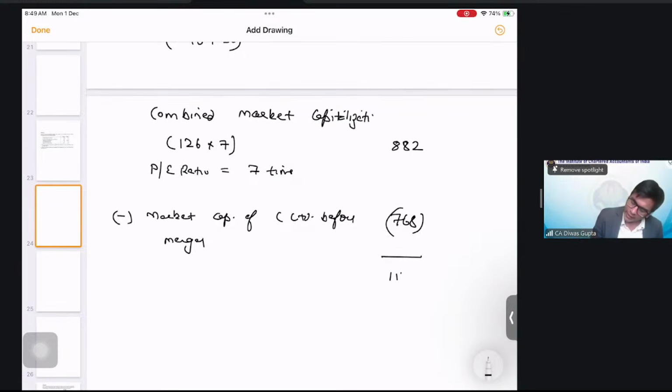So 114 is the balance available for D Limited.